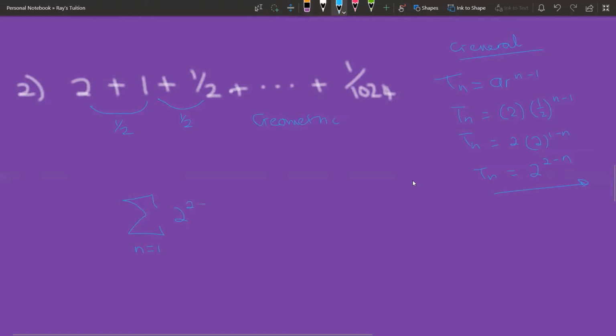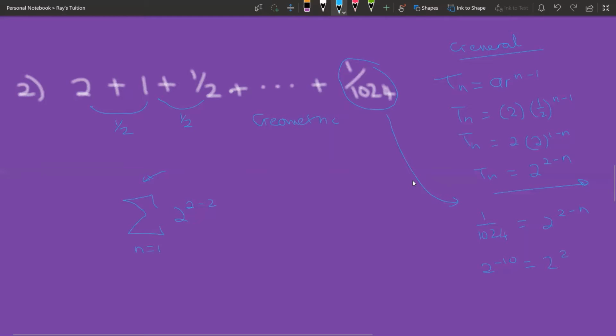And then what we're missing is how many terms we're summing. So how will we do that? We need to find out what number term this is by substituting it into our general formula. So 1024 is equal to 2 to the power of 2 minus n. Writing 1024 with a base of 2, we get that 1024 is 2 to the power of 10.